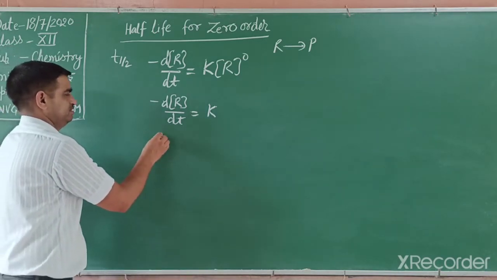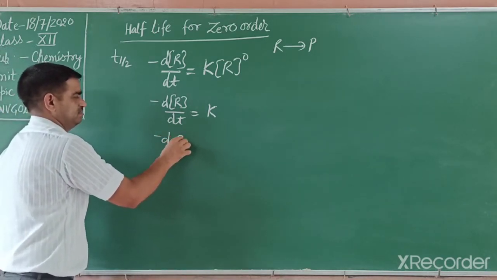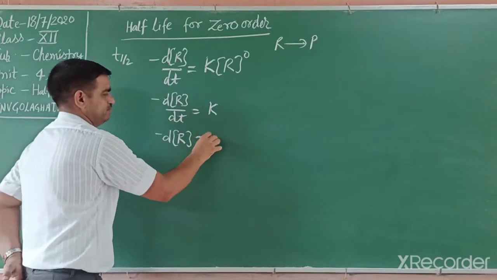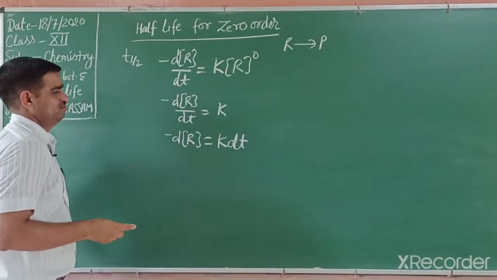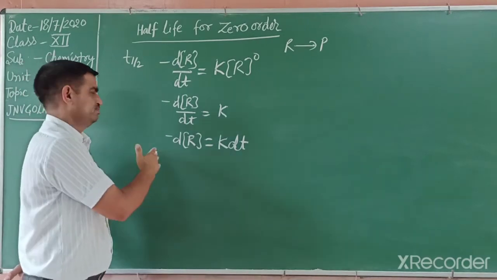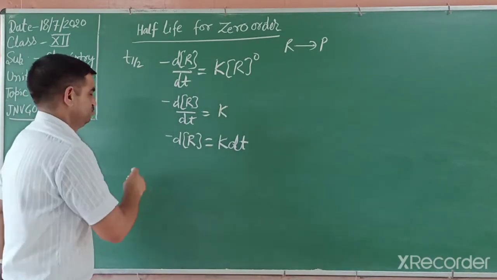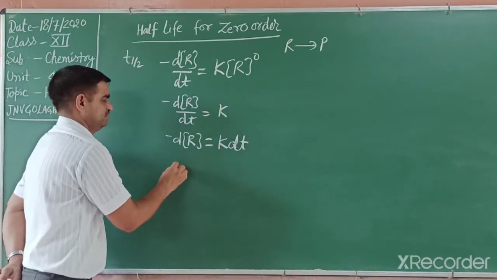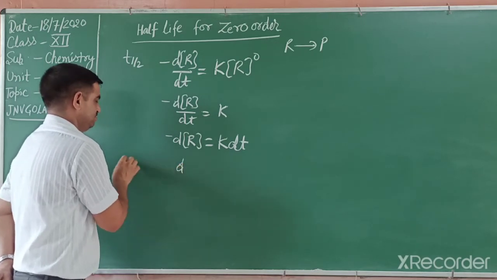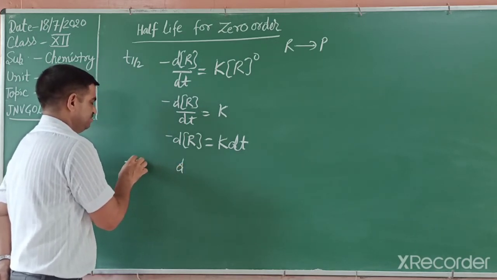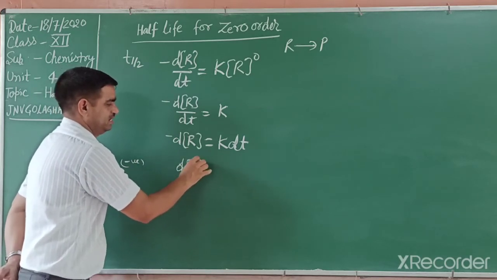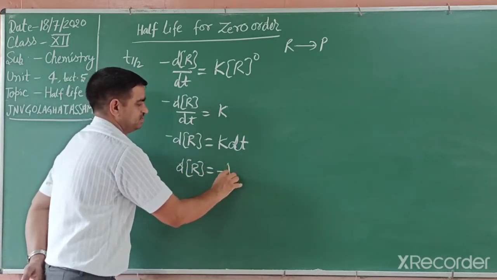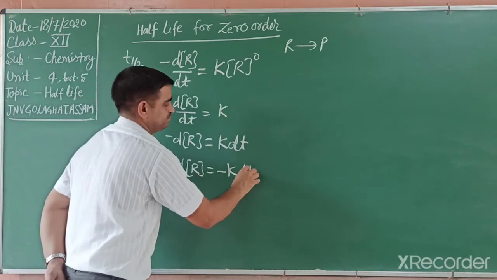Again we solve this, minus dR is equal to k dt. So you know minus sign we don't want to write in first. So multiply by negative sign, then this multiply negative sign, then what happen? Negative, negative, positive, dR is equal to minus k dt.